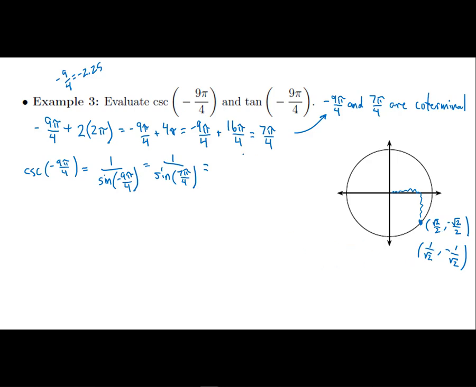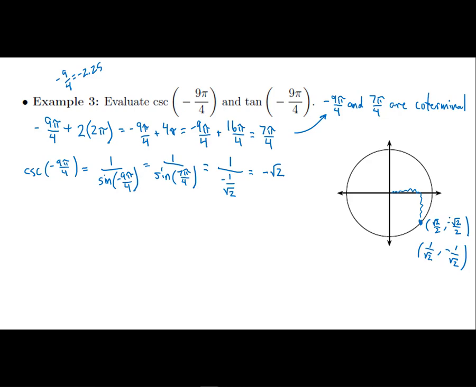So this is an equivalent way of writing that point. And the reason I bring that up here is because I can see that I'm going to be taking the reciprocal of the sine of 7 pi over 4. Well, the sine of 7 pi over 4 could be expressed either this way or this way. And so you have your pick. If I was thinking ahead here, what I would probably do is pick negative 1 over root 2 and take its reciprocal, which is just going to be negative root 2, just because this is really easy to flip over.